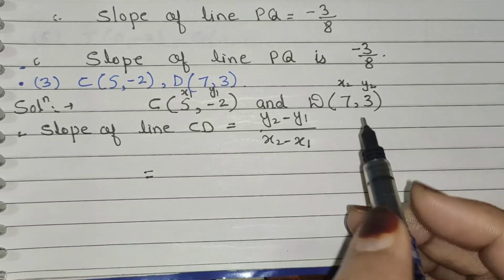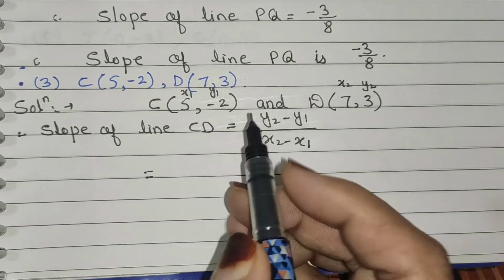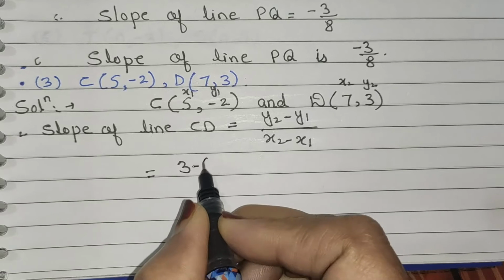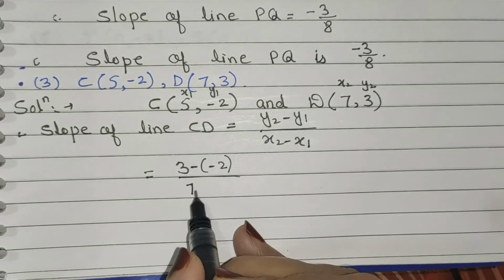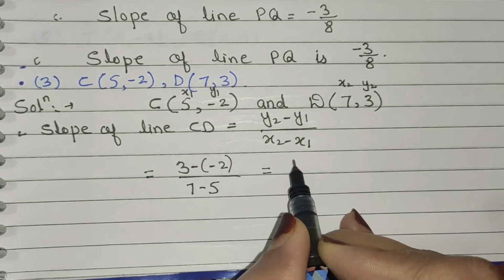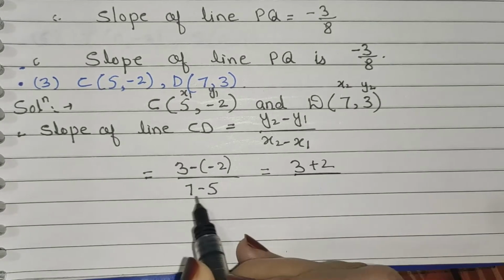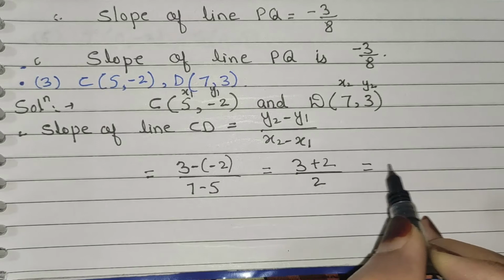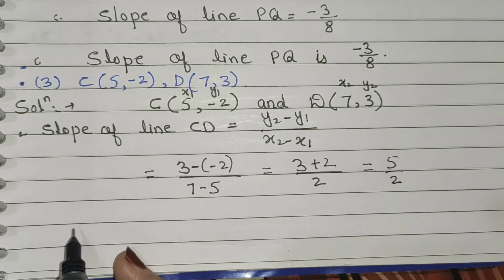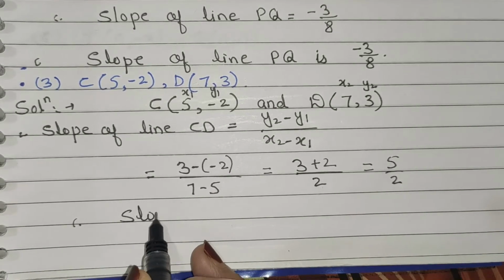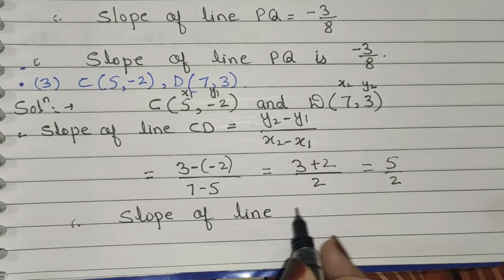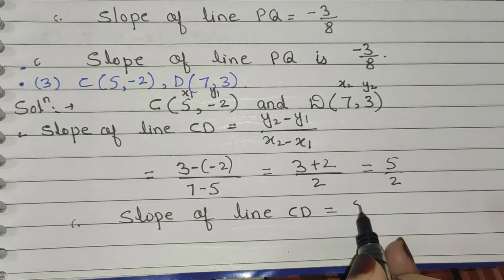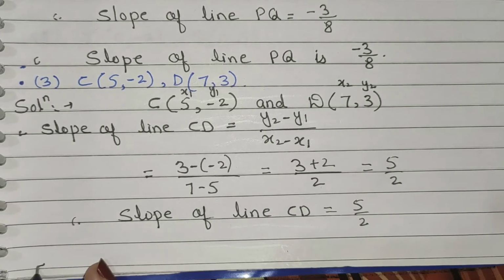Therefore, substituting the values, we get here 3 minus minus 2 upon 7 minus 5. Solve it, 3 plus 2 upon 7 minus 5, 2 is equal to 5 upon 2. Therefore, slope of line CD is equal to 5 upon 2. Write down the answer here.